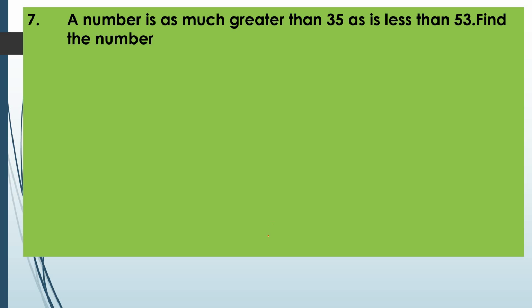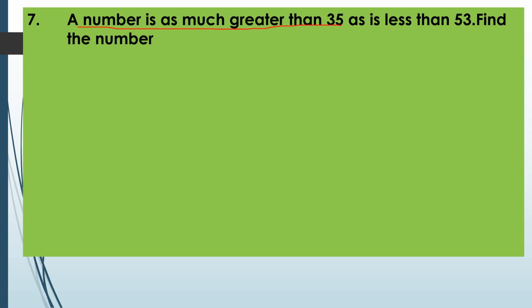Let's take another question. Question number 7 from 12D. A number is as much greater than 35 as is less than 53. Find the number. So here we have two conditions. A number is greater than 35, that is one condition.